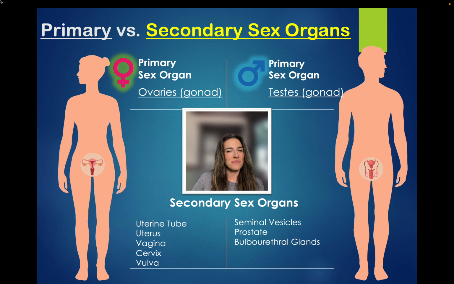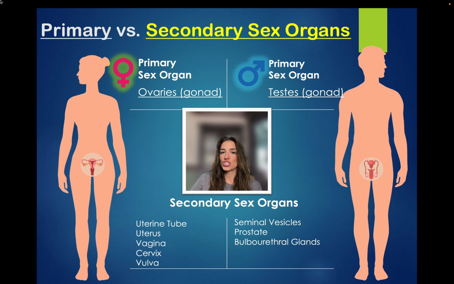Their main job is making gametes, but they also produce the key hormones: testosterone from the testes, and estrogen and progesterone from the ovaries. These hormones help drive the development of sex characteristics and help regulate the entire reproductive system. So you can think of the primary sex organs as the main production centers. They create the sex cells and the hormones that make the system function.